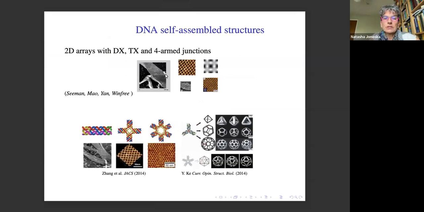This is the first two-dimensional array that was made in Ned's lab. There are other two-dimensional arrays that have been obtained with DNA nanotechnology. These are other possibilities, and the 3D structures that have been obtained, all of these with DNA nanomaterial and design of the DNA.